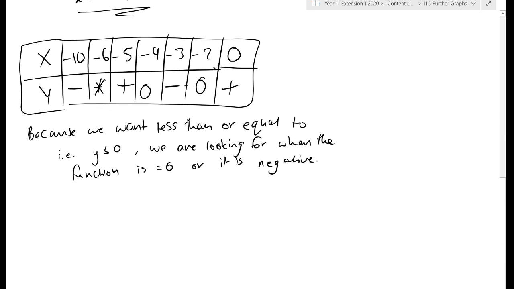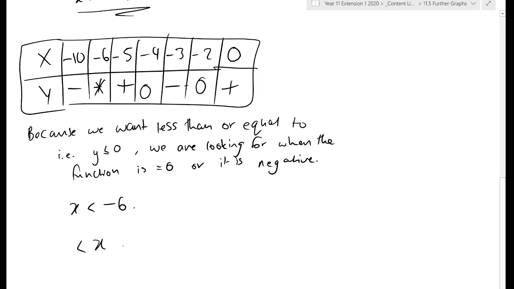So where is this thing negative? In this case, it's going to be when x is less than negative 6. I'm not going to include negative 6 in this one because there is a discontinuity at that point. So when x is less than negative 6, that is when it is negative. It is also negative between negative 4 and negative 2.